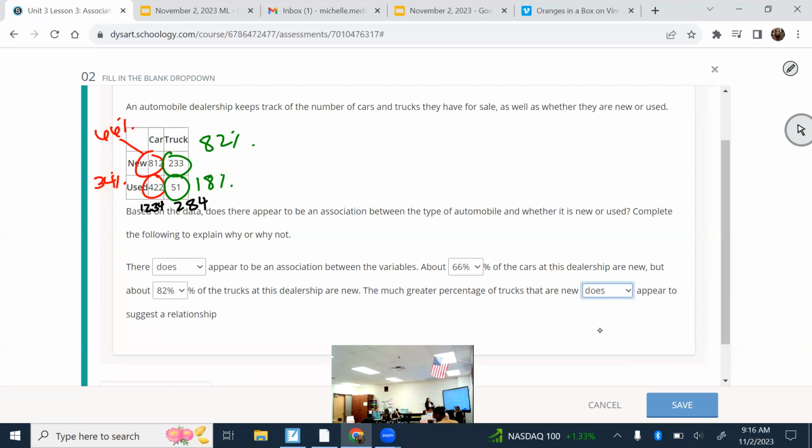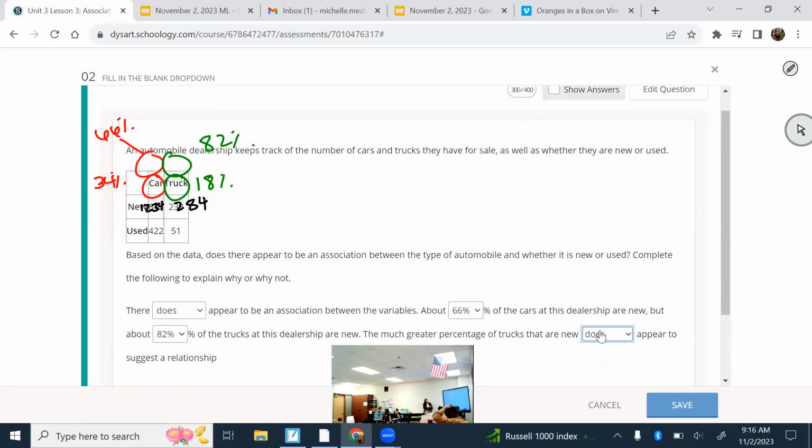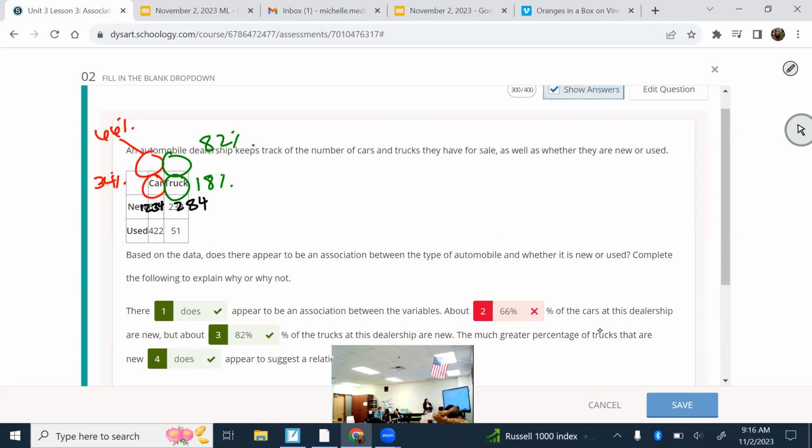Now let me make sure that matches up. So that's how you figure it out. You try the relative frequency table like we did in the lesson, and then see if that's proving a relationship or not. Since they have so many new trucks and very little used ones, that probably does suggest people prefer new trucks. So I think it marked one of them wrong.